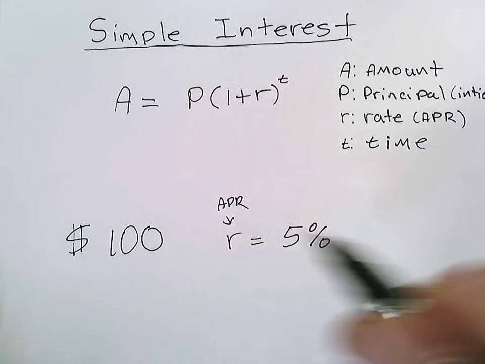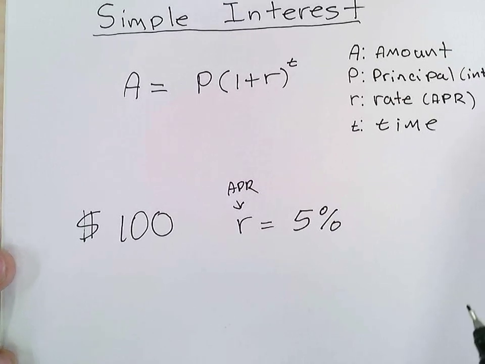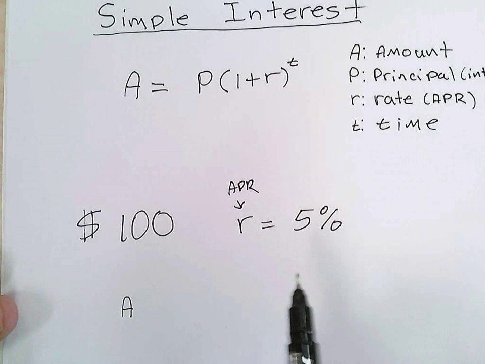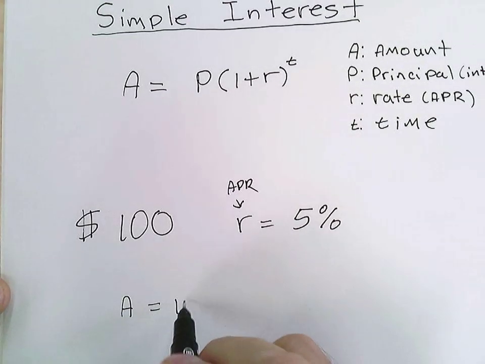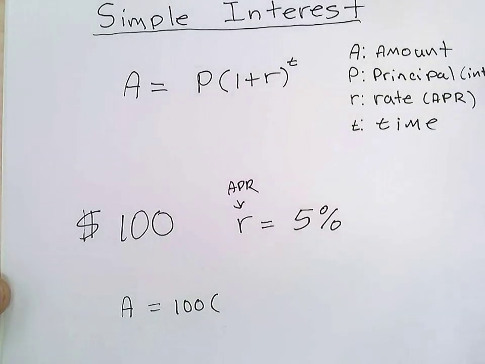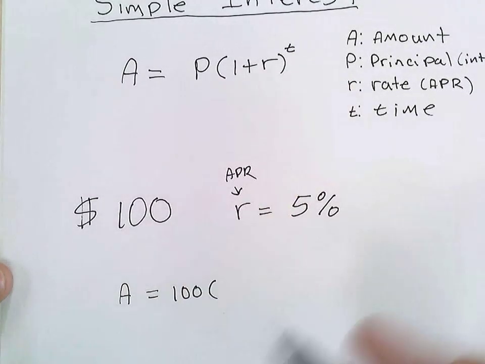But I could compound it, let's say, twice a year, or we could say semi-annually, right? What would end up happening? So that means I get 5% for the year, so my amount would be 100, but 5% for the year. But I'm going to end up halving that percent, right? Because in 6 months' time, I'm going to compound the interest.